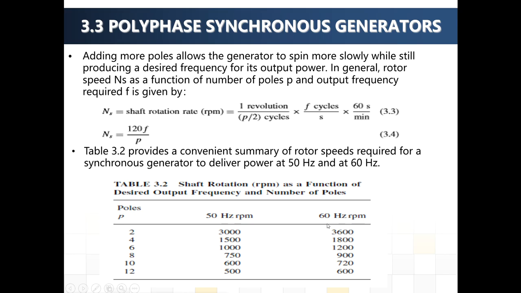To generate 60 Hz, we require a rotor speed of 3,600. For a four-pole generator, to generate 50 Hz, it requires 1,500 RPM, and to generate 60 Hz, it requires 1,800 RPM. Now we finish section 3.3.